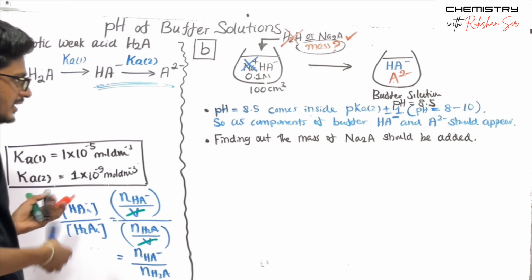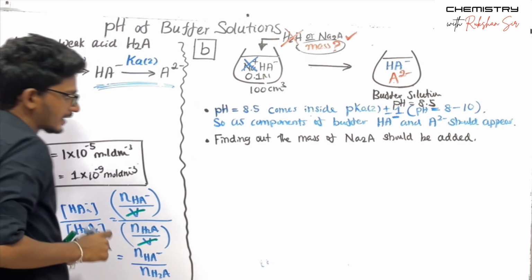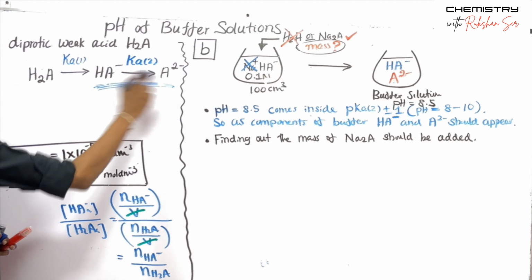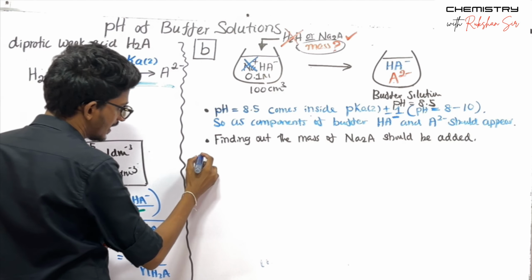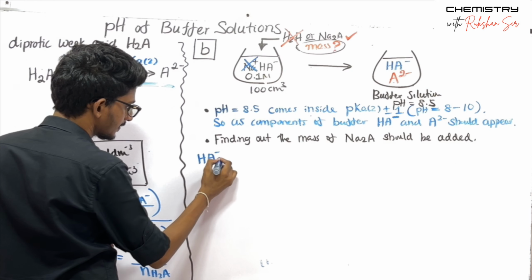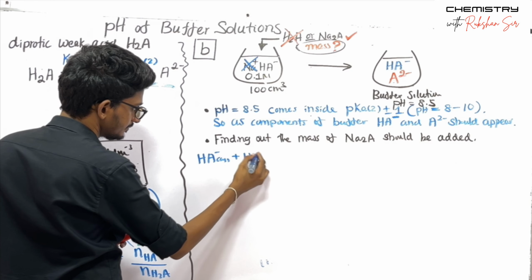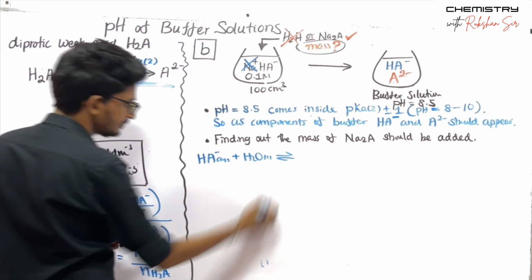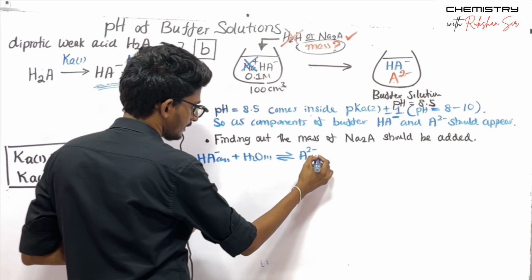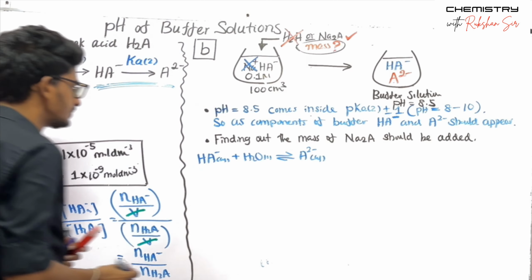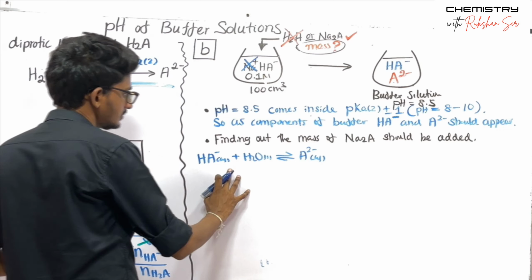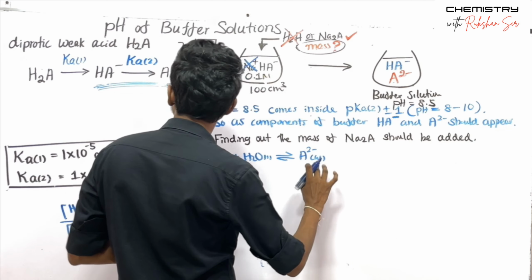Okay, so let's come up with Henderson's equation. For this equilibrium, what is the equilibrium? The equilibrium between these two guys. So that can be considered as HA minus hydrolysis, the Ka2 equilibrium, right?